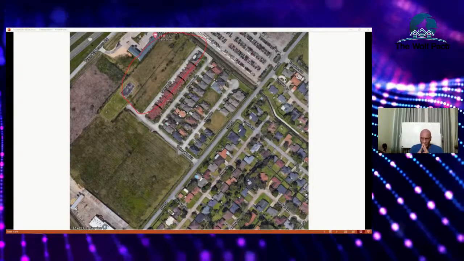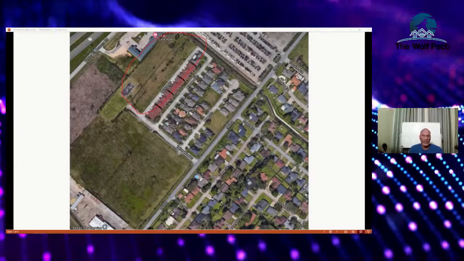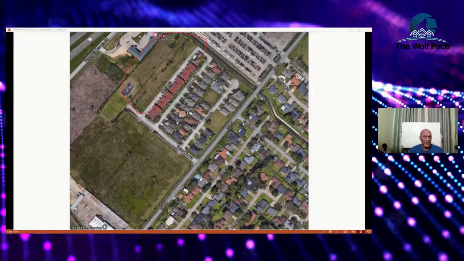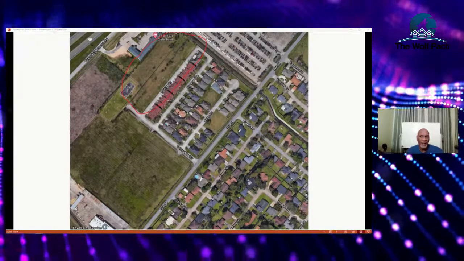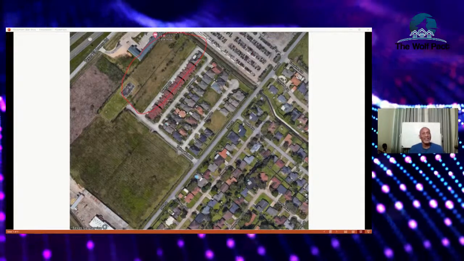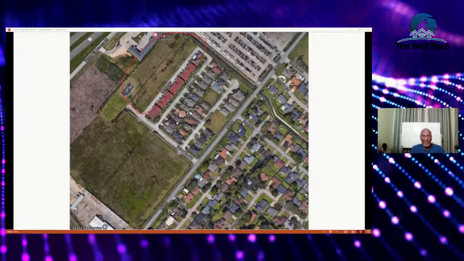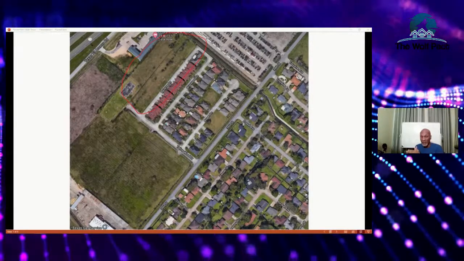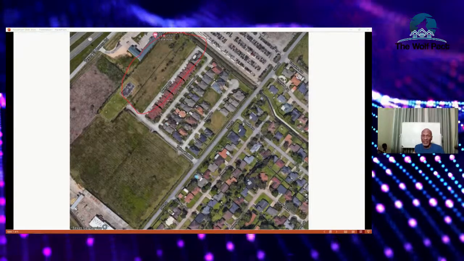Now, property type. What kind of units do we want to put on this? Do we want to put single family houses? Do we want to put patio homes? Do we want to put townhomes? I would say, because the townhomes are right there next to it, let's put townhomes on it. Let's see, does that make sense? It does make sense because they're attached to each other, or at least very close to each other.